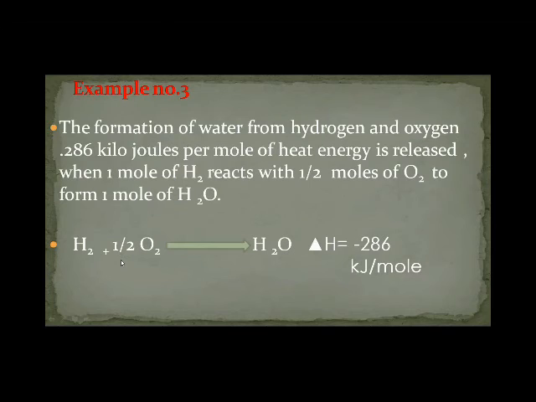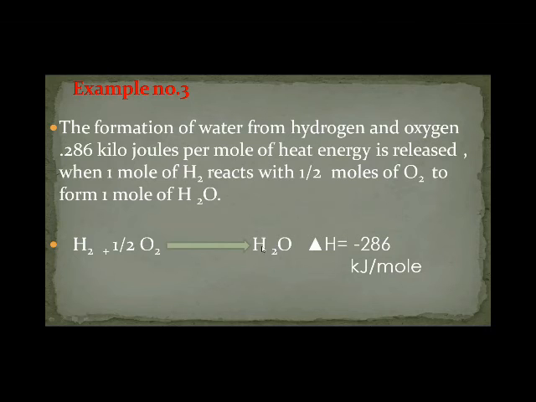Now third, we have the formation of water from hydrogen and oxygen. 286 kilojoules per mole of heat energy is released when 1 mole of hydrogen reacts with half a mole of oxygen to produce 1 mole of water. So H2, hydrogen, 1 mole of hydrogen plus half a mole of oxygen react together.